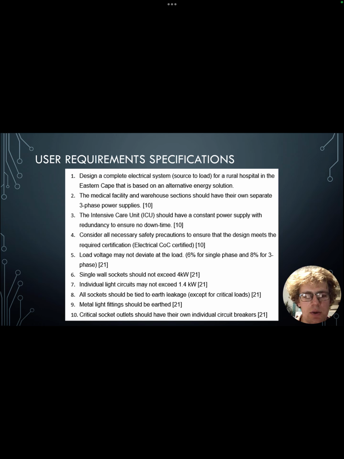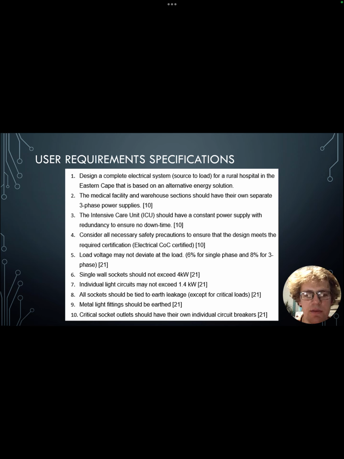Consider all necessary safety precautions to ensure that the design meets the required certification. The SANS standards were used in this project and investigated to a certain extent to ensure that at least a single line diagram and the layout and placement of fuses and safety junction boxes were in the right location, and that the system would adhere to national standards in South Africa.